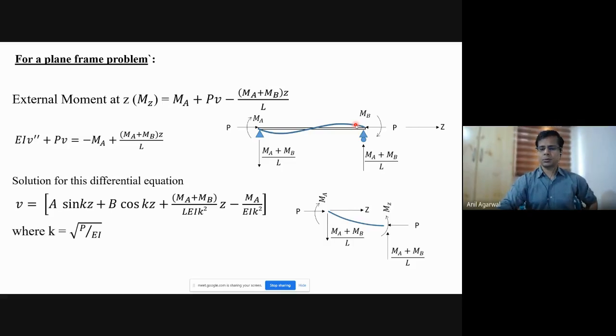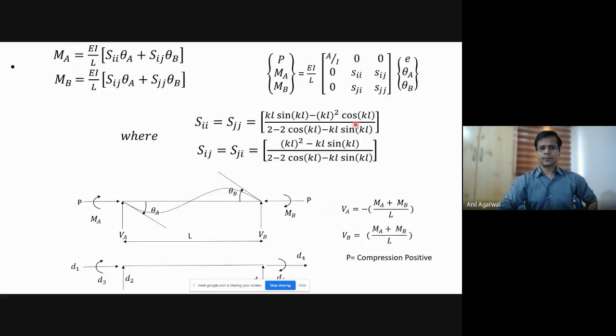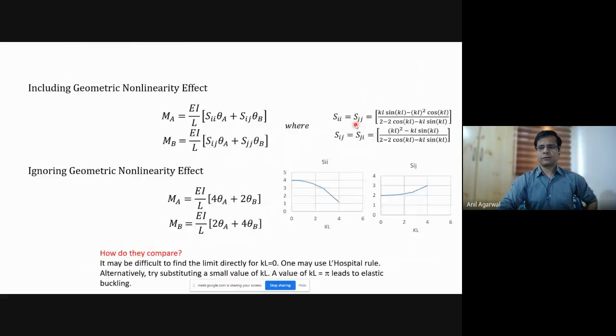Now for a linear problem, as we had discussed, I think this is where we had stopped, somewhere here. For a linear problem, we already know that if it's a beam member, let's say, the moment at one end will be 4EI by L times the rotation at that end plus 2EI by L times the rotation at the other end, right?